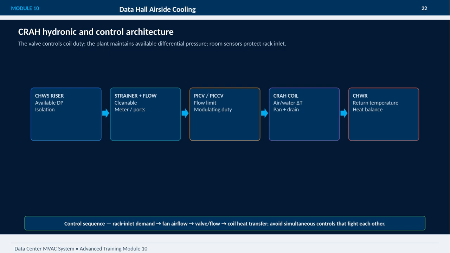The control sequence is essential. It starts with detecting rack inlet temperature demand, which then drives fan airflow adjustments, followed by valve or flow modulation, and finally coil heat transfer. A critical point to remember is to avoid simultaneous controls that could conflict or fight each other, ensuring smooth and efficient operation throughout the system.